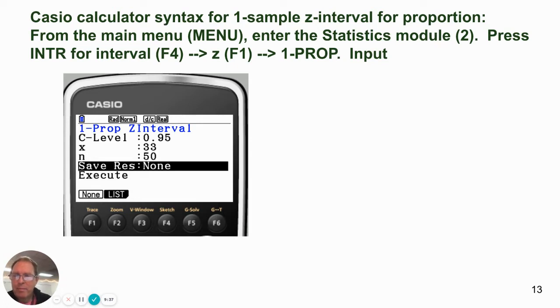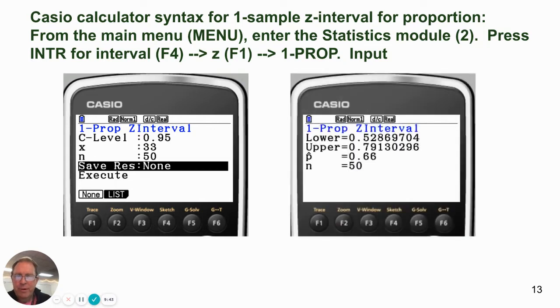You hit execute, and it's going to print out. It's going to give you this right here. The lower boundary is 0.52869. The upper boundary is 0.7913. The p-hat was 0.66, and n is 50. So on your answer sheet, write down that lower and upper boundary.